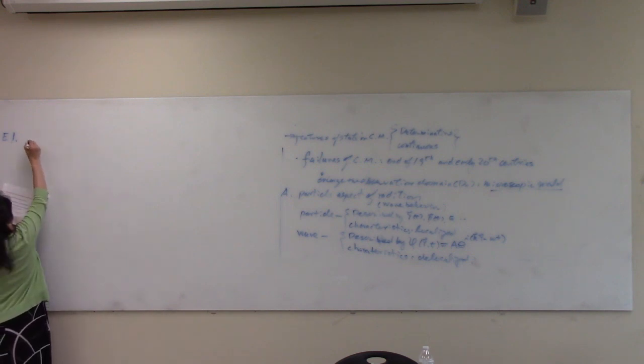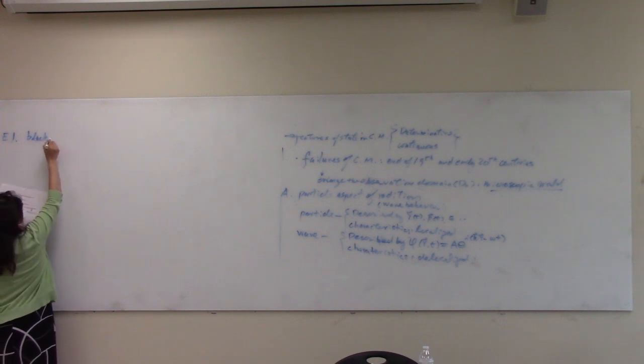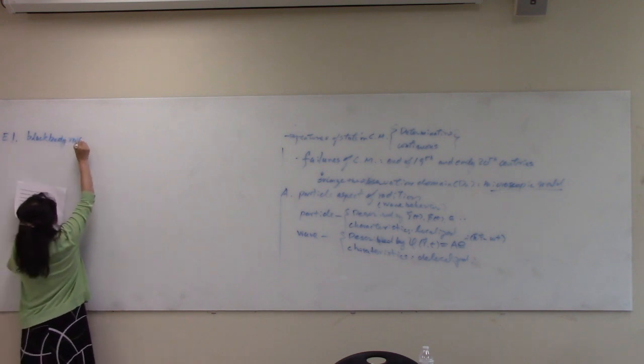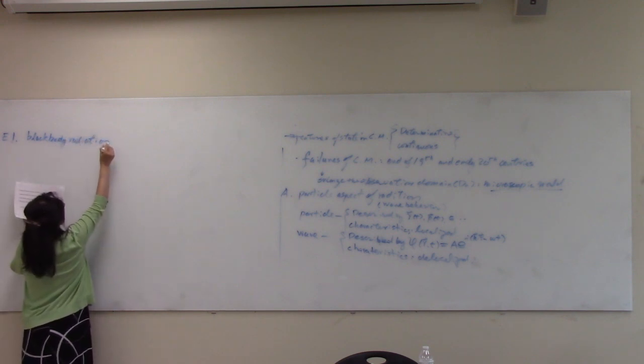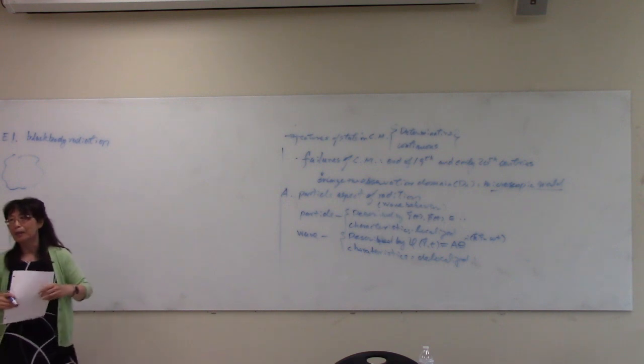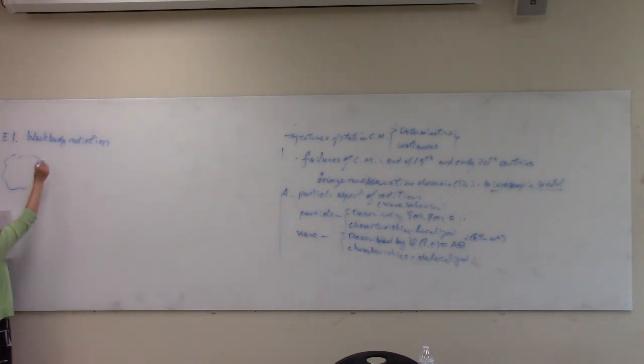Example 1 is black body radiation. You know black body radiation, right? A black body means all the light coming to this black body will be 100% absorbed inside, right?